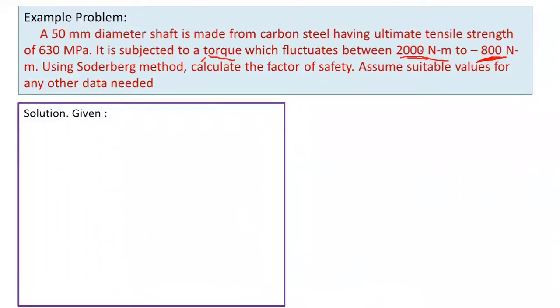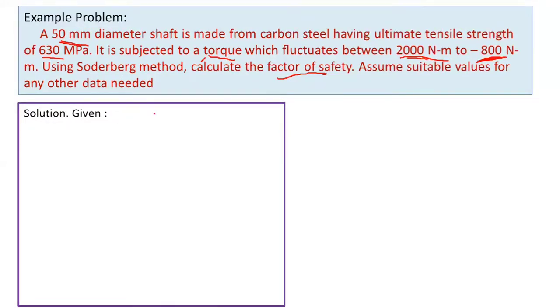Plus 2000 Newton meter is the maximum torque. Okay, and 50 mm is the diameter of the shaft D. And ultimate stress sigma u equals 630 megapascal. From this question you have to find out the value of factor of safety, FS. By using the Soderberg method you have to find out the value of FS.